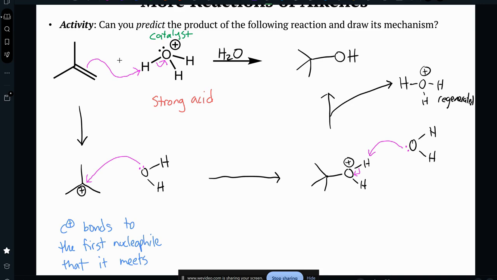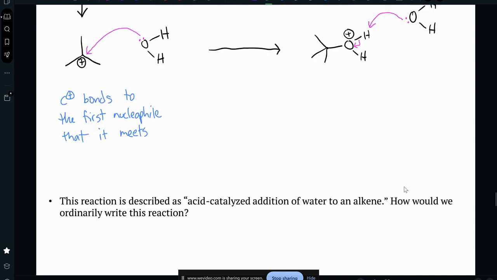Okay. So maybe you were able to make a prediction of the first step. Maybe you were able to make a prediction of the second step. That last step, not something that you've seen before, so you might not have predicted it. But it is something that we're going to see pretty commonly.